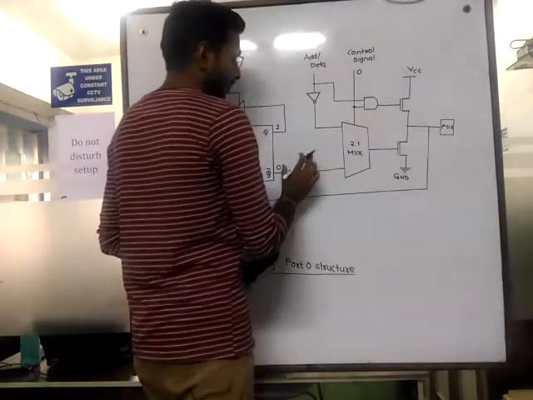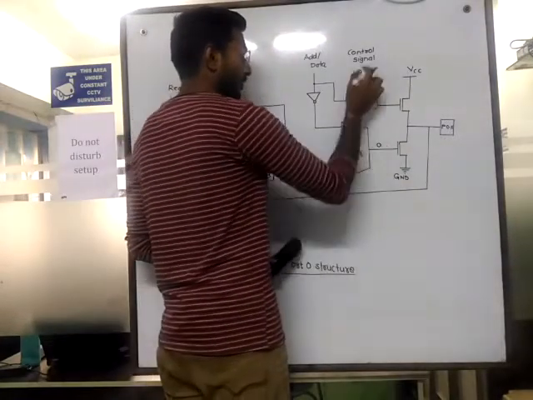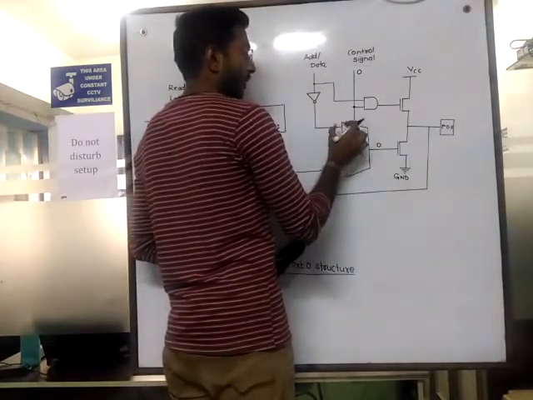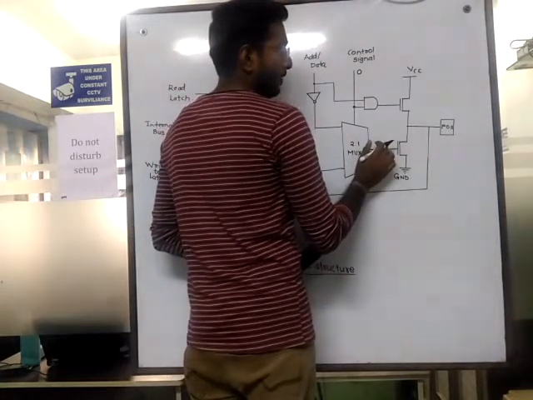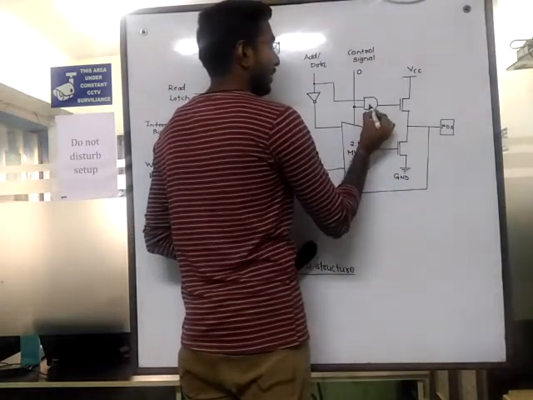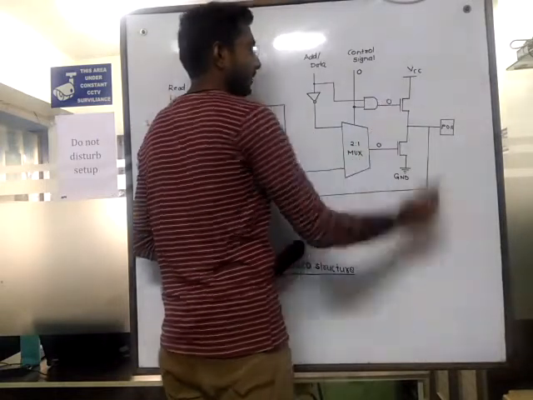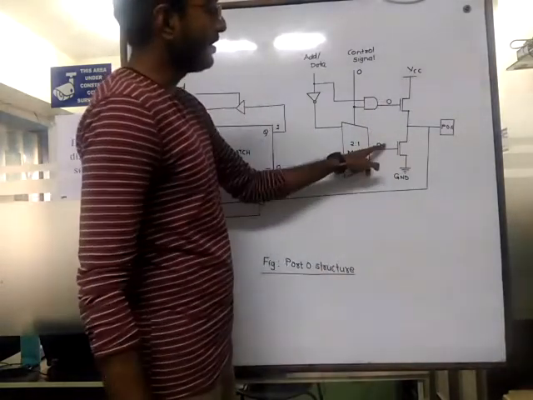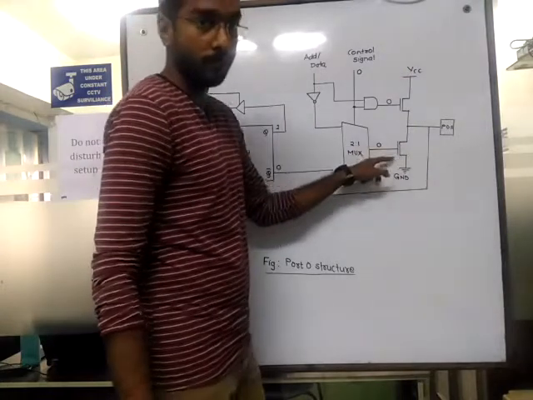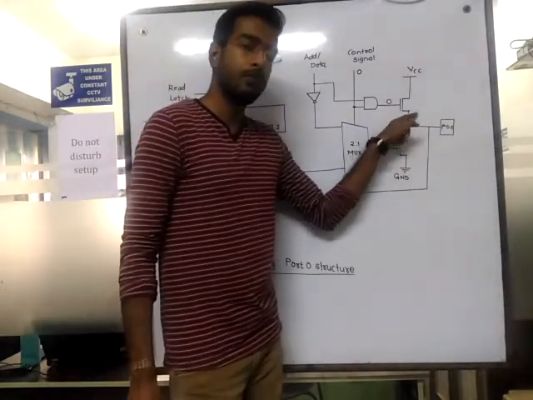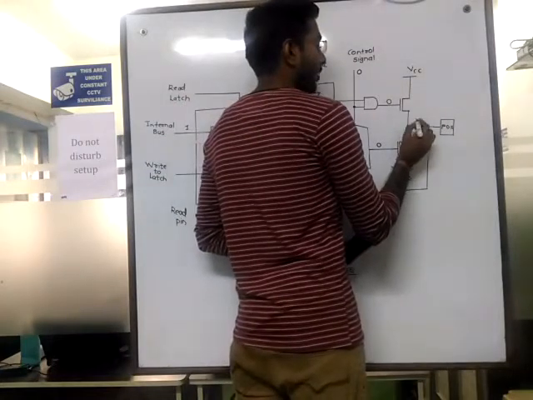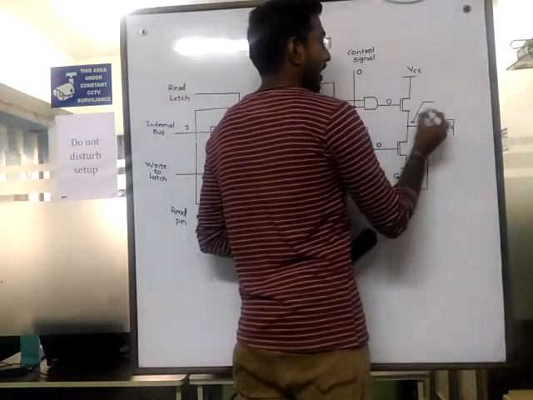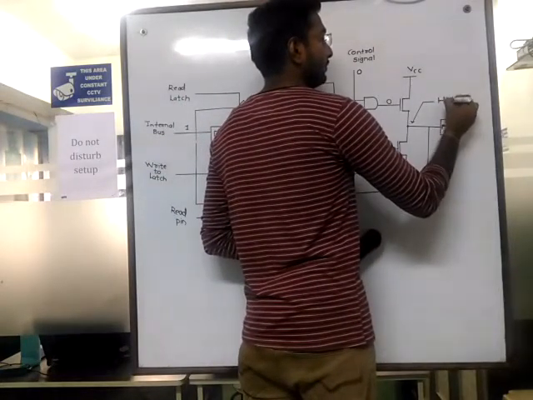The multiplexer will pass this 0 here because the control signal is 0, and here 1. So 0 will pass to here. Because of this 0, and because of ANDing, 0 is here. So because of this 0, this FET will be off, and because of this 0, this FET will also be off. So here we are getting the high impedance state.